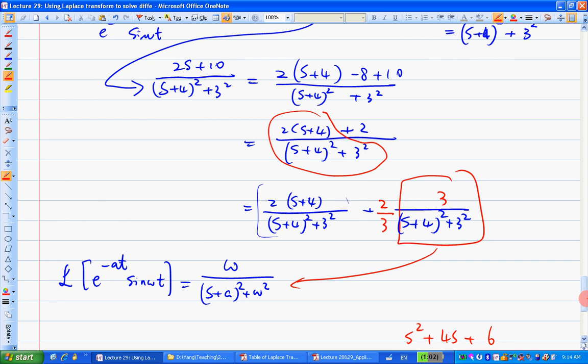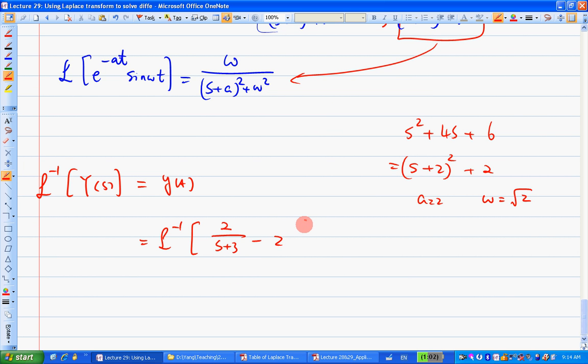That's the decomposition. So 2 over s plus 4, over s plus 4 squared plus 3 squared, minus 2 over 3 and 3 over s plus 4 squared plus 3 squared. That's the result of the decomposition here.